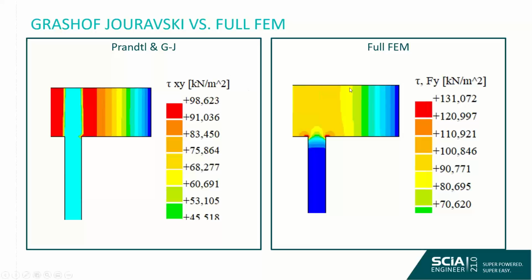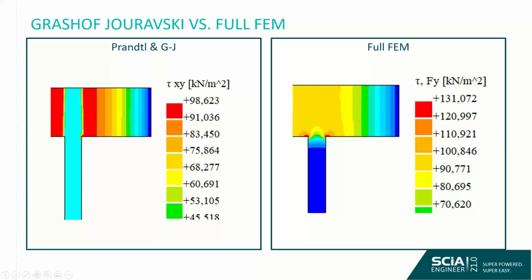What you also see again is that the full FEM stress distribution is way more logical than the Grasov-Jurowski, where again we have this parabolic rising and falling of the stresses, but then they get divided by the available width. So at the level of the web, we suddenly get a real big drop in values and then a big rise again.